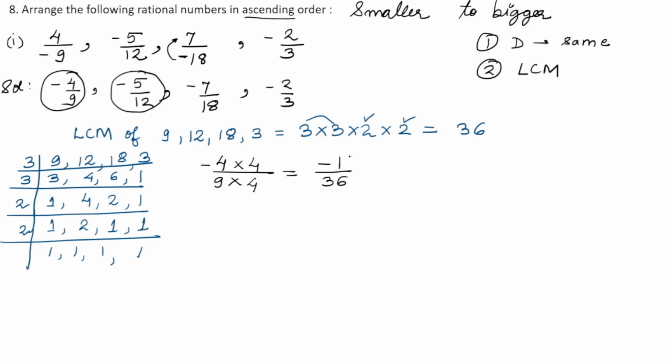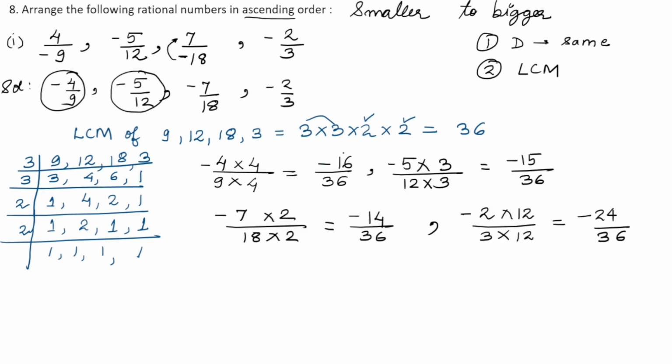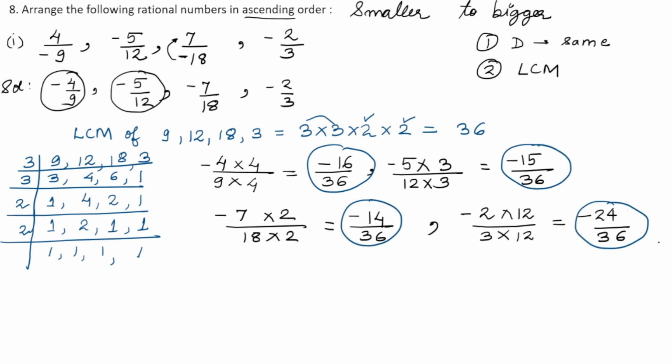So it is minus 16 here. Likewise, let us quickly convert all the numbers having denominator as 36. Now these are the numbers which we have framed, and all of them have denominator as 36, which we were aiming for.